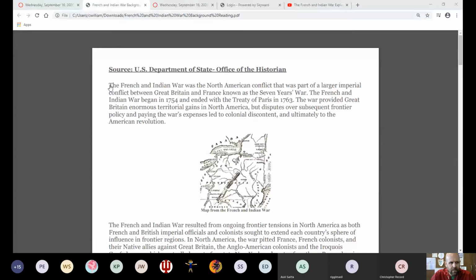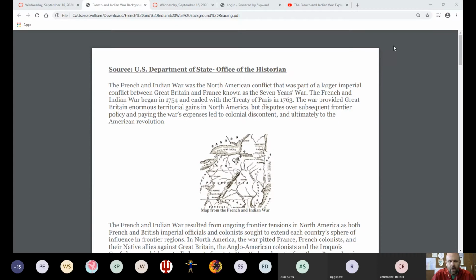Okay, so this is a reading that goes into good detail about the war itself. It doesn't break down specific battles as much, but it's going to focus on the actions that are going to be taken during the war, in terms of the colonies trying to become this collaborative, united group.